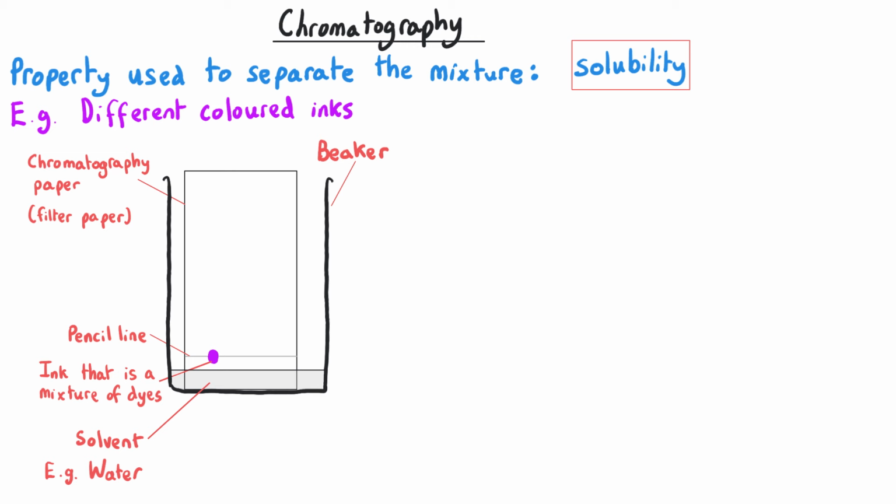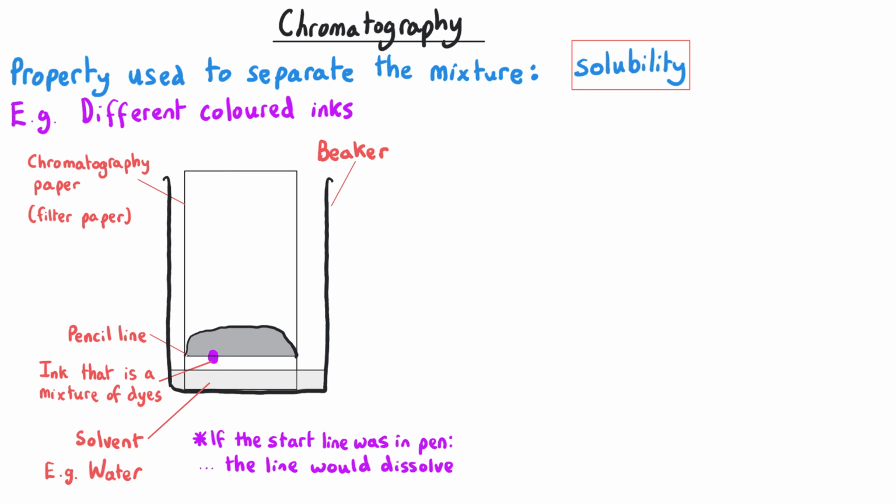It's very important that the line where we place our spots has been drawn in pencil, because if it wasn't drawn in pencil and was drawn in pen, when that solvent reaches the ink, which it will do over time, the line will dissolve as well, and that will interfere with our experiment, and it will rise up the paper and blur in with our spots that we're hoping to produce.